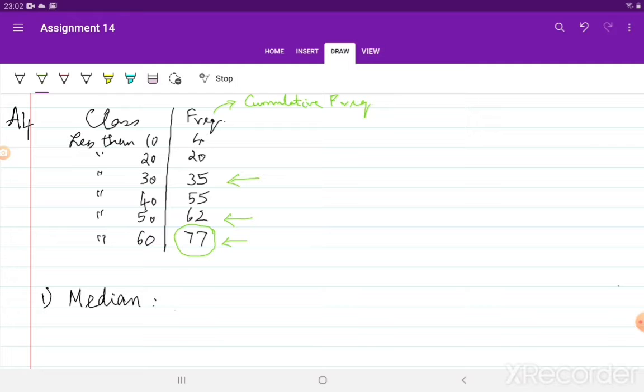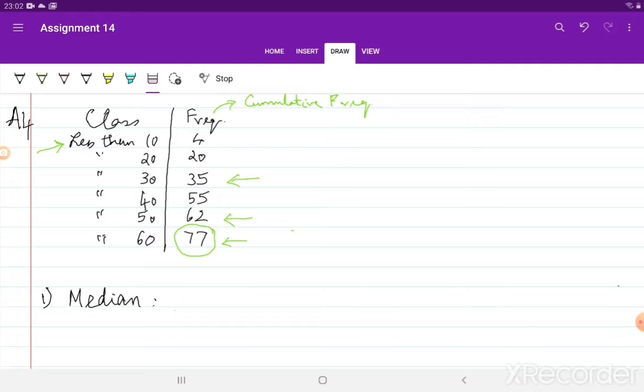So every time you have classes specified in this manner as less than or greater than, remember that the frequency that is being shown is the cumulative frequency. You can also notice that 4, 20, 35, 55, the numbers are continuously increasing, which also gives you a clue that this is the cumulative frequency.